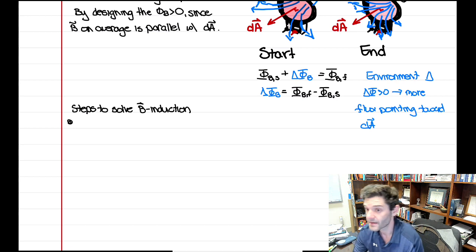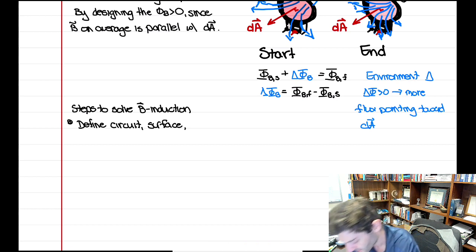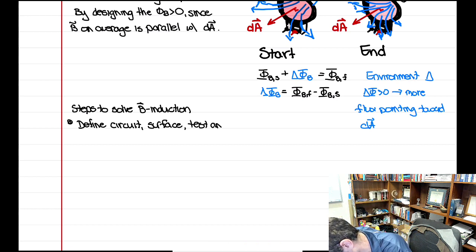So of course, first step is, I would say, to define the circuit. Where is the completed circuit? The surface that you're measuring magnetic flux through. Test any devices you imply that you might be using.